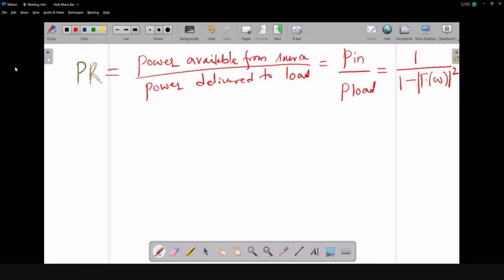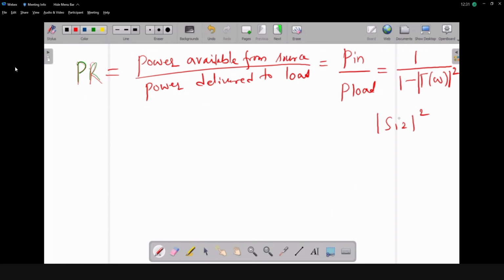Now if you observe this quantity, the power loss ratio in terms of the reflection coefficient is nothing but the S parameter, S21 or S12, which we have discussed. That is nothing but the insertion loss, the magnitude of S12 squared.